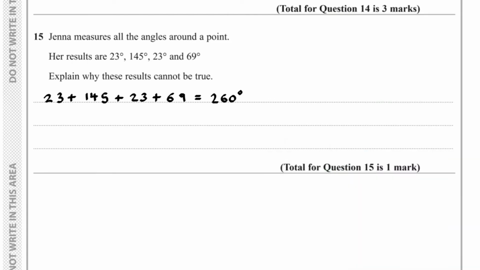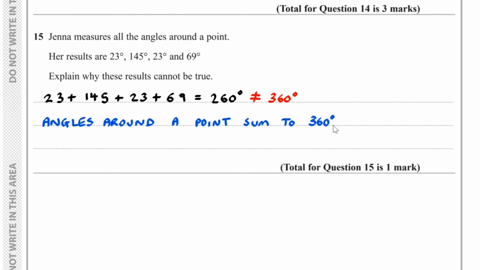And we know that this does not equal 360 degrees. And the 360 degrees comes from the fact that angles around a point sum to 360. The angles currently do not add up to 360, which is why the results cannot be true.